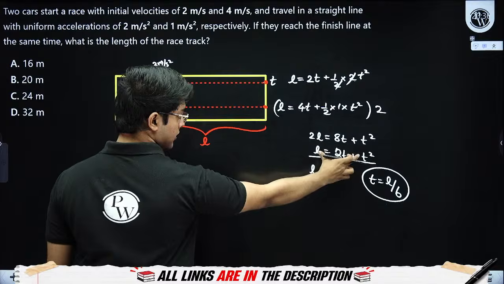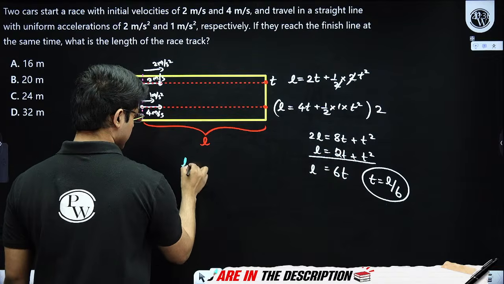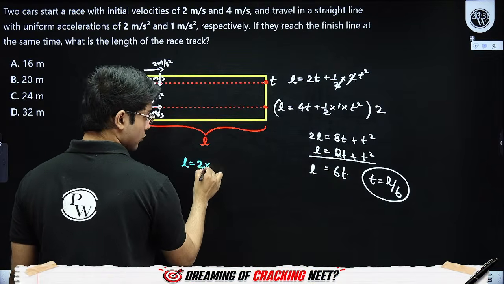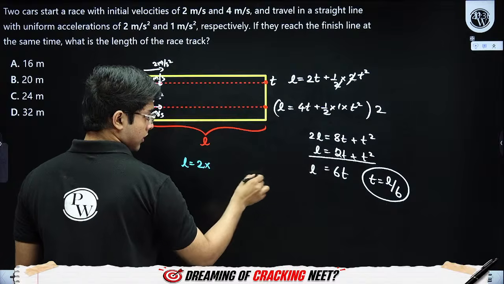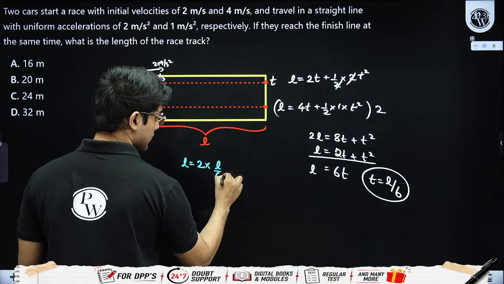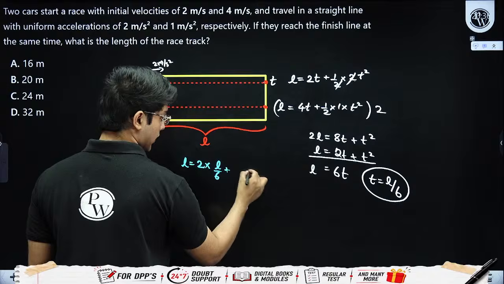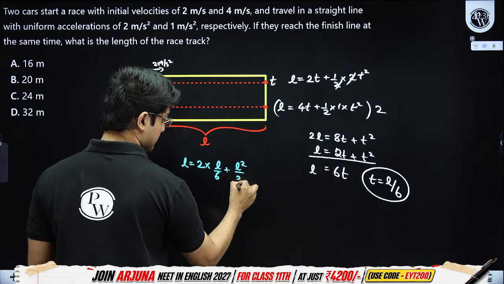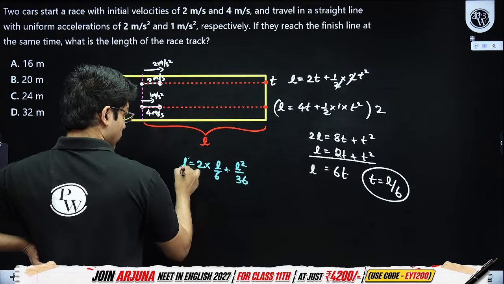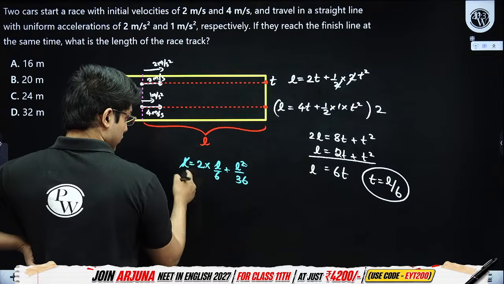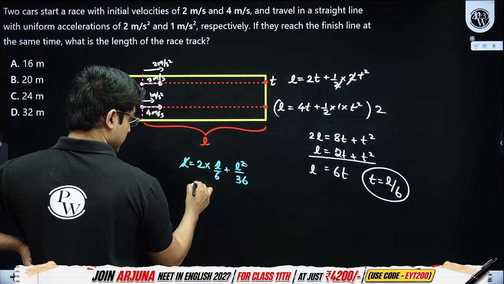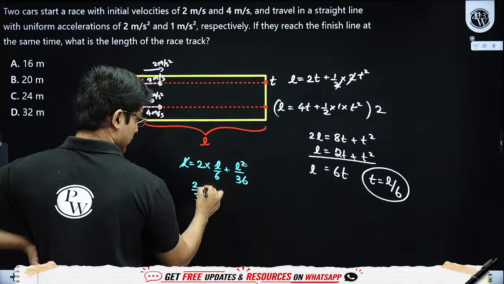Now just put it in the second equation. So L is equal to 2 into t, which is L by 6, plus t square, which is L square by 36. So cancel out 1L. So 1 minus 1 by 3 is 2 by 3.